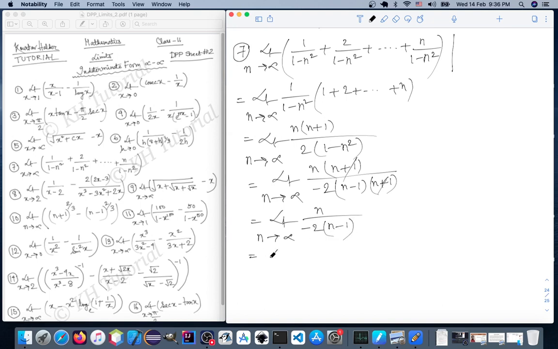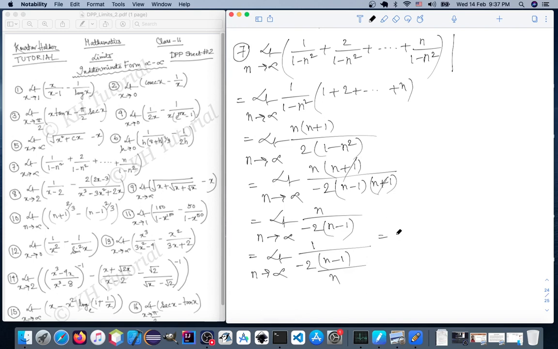If we bring the n from the numerator to the denominator, we get minus 2. Okay, so this will basically become like this.